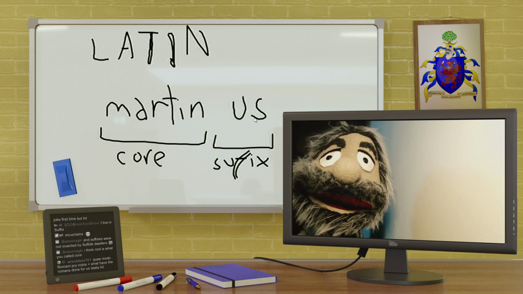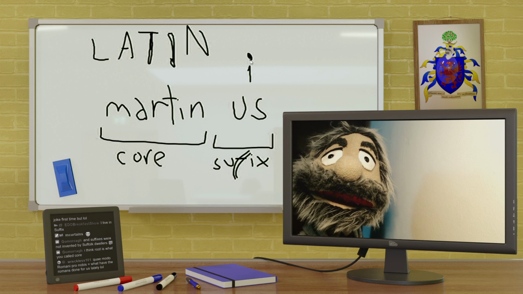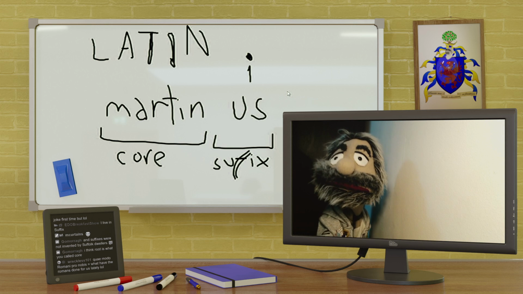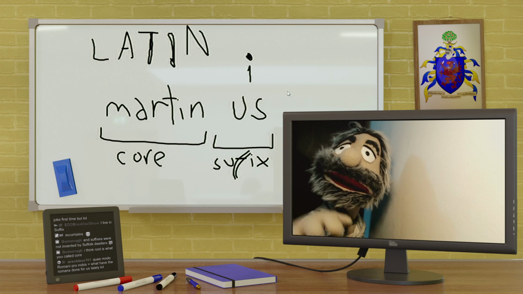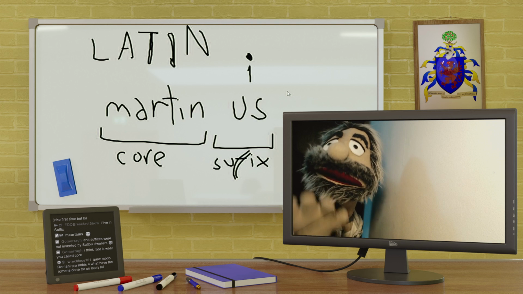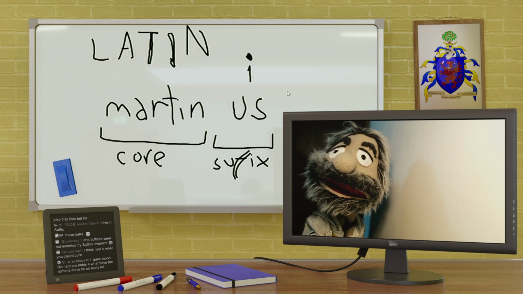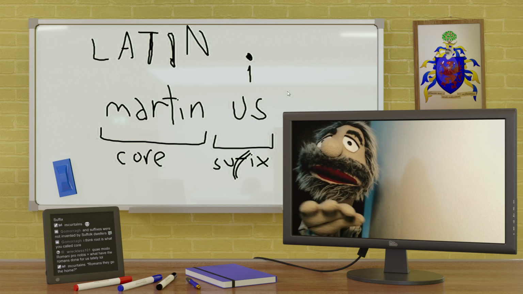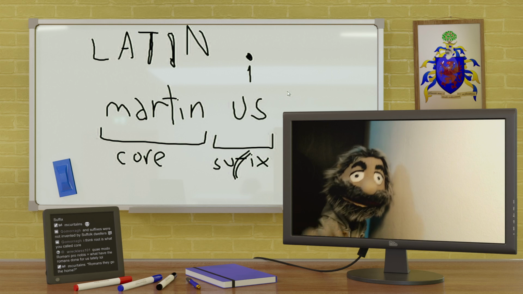Now, it's common for nouns ending in US in Latin, when they are expressing a plural, to take the form of an I in the suffix rather than a US. So here, martini would be multiple martinuses, if you will.